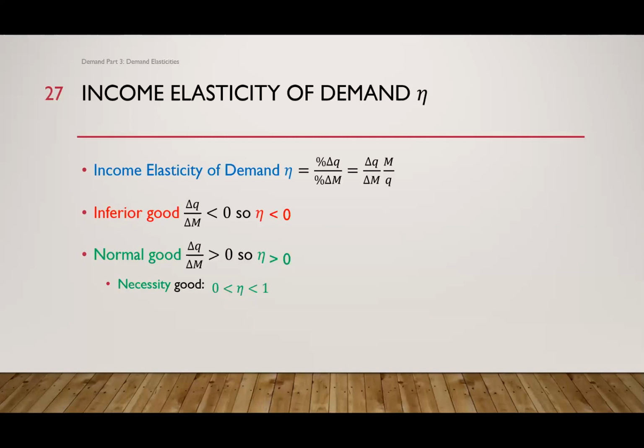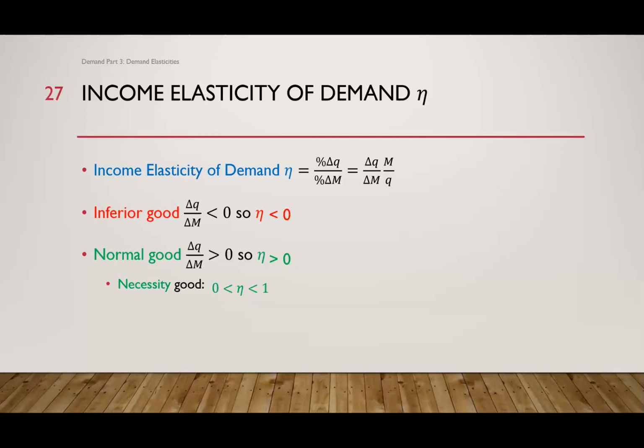So, for example, suppose you make $40,000 and you spend 20,000 on food. So 50%. No, the example I want to do is suppose you make $50,000 and you spend $20,000 on food, right? So you're spending 40% of your budget on food, right? 20,000 over 50,000. Now imagine that your income doubles.